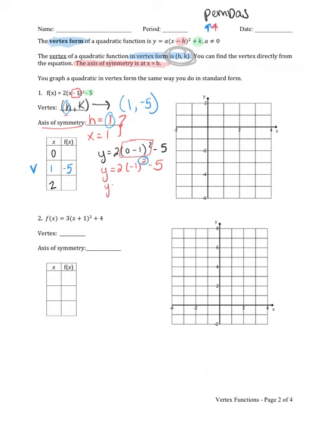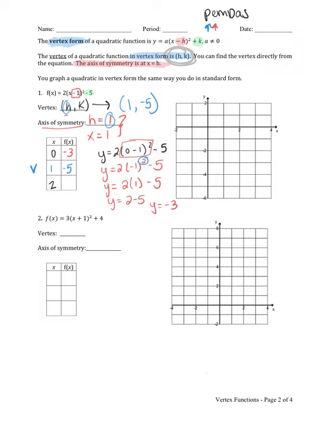So we have y equals 2, and then -1 times -1, because that's -1 squared, and we know that -1 times -1 is a +1. Then just the simple math after that. 2 times 1 is 2 minus 5, and in this case, y equals -3. So I plug that in there, okay?